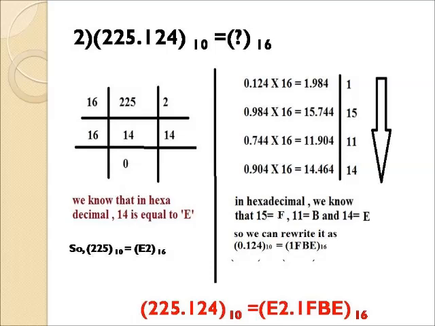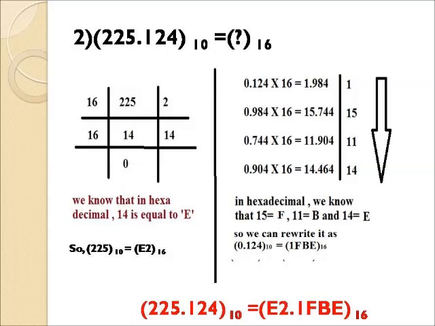Separating the integral part, 11 is the integral part, so instead of 11 we write B. Then the fractional part 0.904 into 16 will give you 14.464. Separating the integral part, 14, instead of 14 we write E.